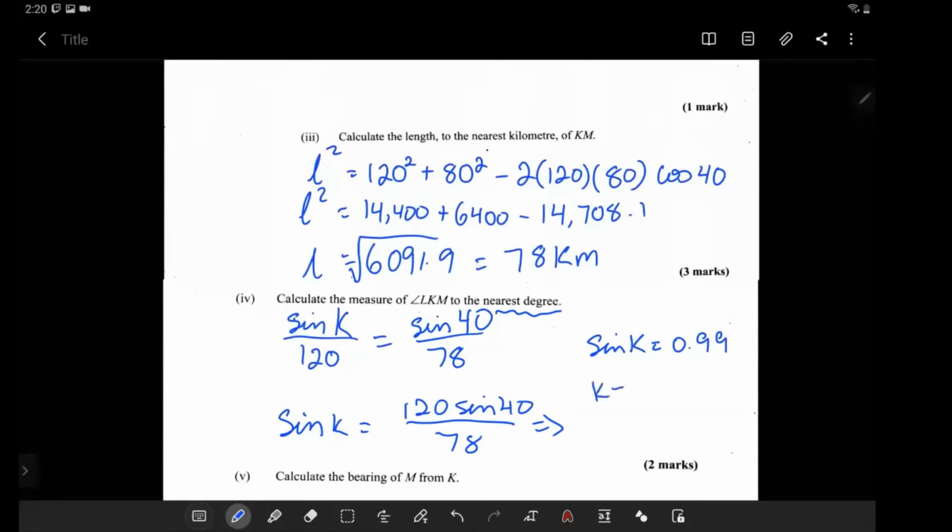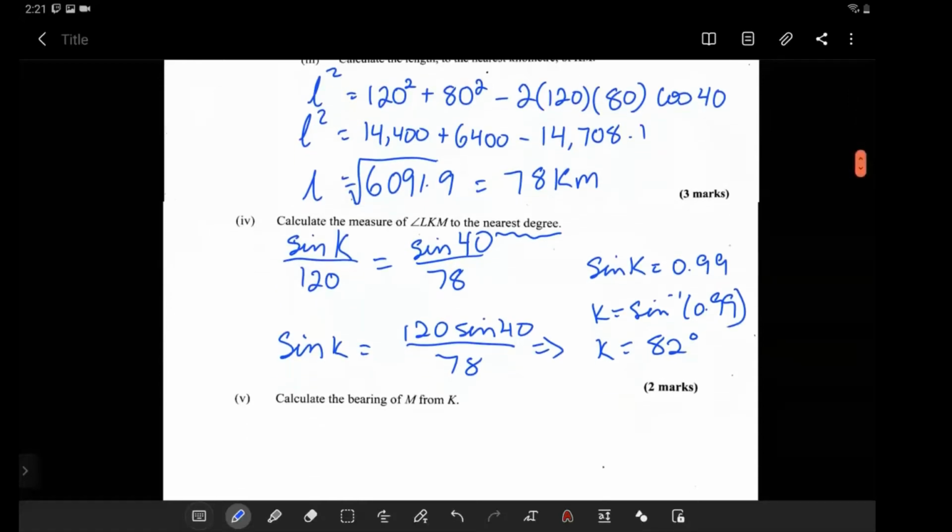So K would be equal to sine inverse of 0.99. So K would be 82 degrees. And that is to the nearest degree.